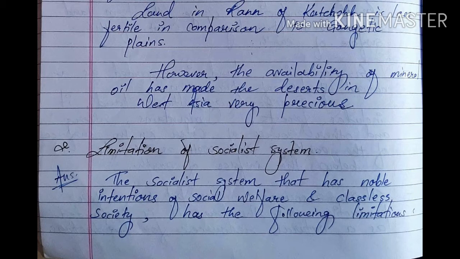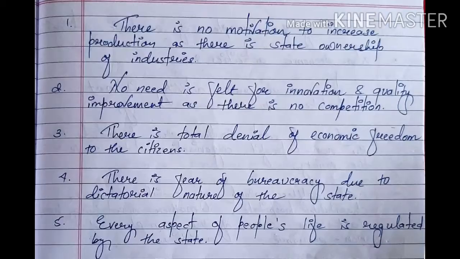Second question is limitations of socialist system, and the answer is: the socialist system that has noble intentions of social welfare and classless society has the following limitations. There is no motivation to increase production as there is state ownership of industries.